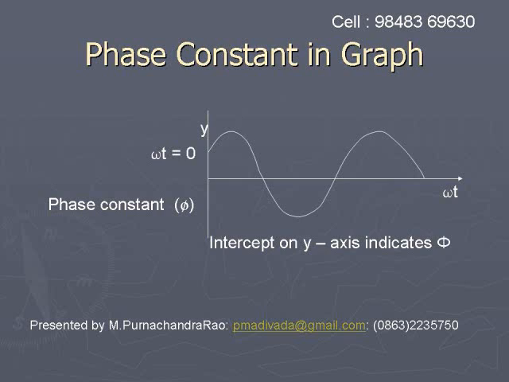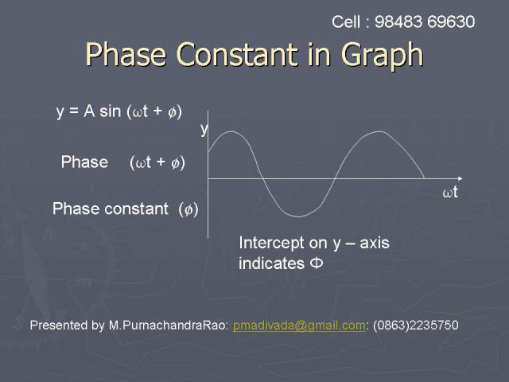It has some displacement. This displacement is indicated by the phase constant phi. By using the value of phase constant phi, we can obtain the displacement. This is the initial displacement of the particle executing simple harmonic motion when we begin counting its motion.